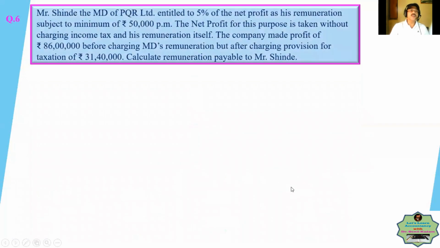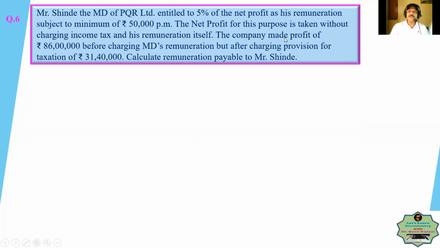It says that Mr. Shinde, the MD of PQR Limited, is entitled to 5% of the net profit as his remuneration, subject to a minimum of rupees 50,000 per month. The net profit for the purpose is taken without charging income tax and his remuneration itself.